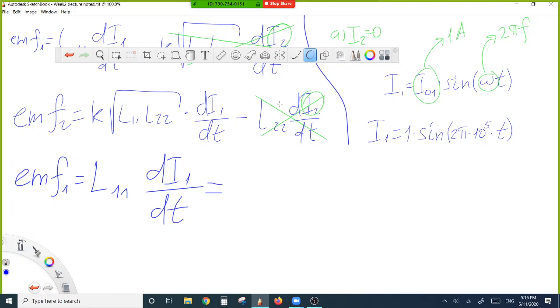L11 is from the equation, and the derivative of I1 is equal to omega multiplied by I01 cosine omega t.